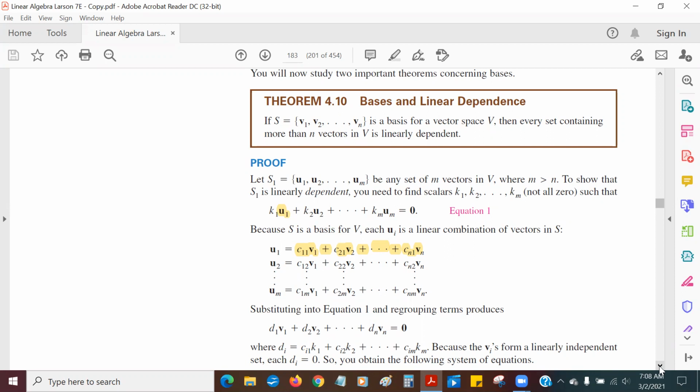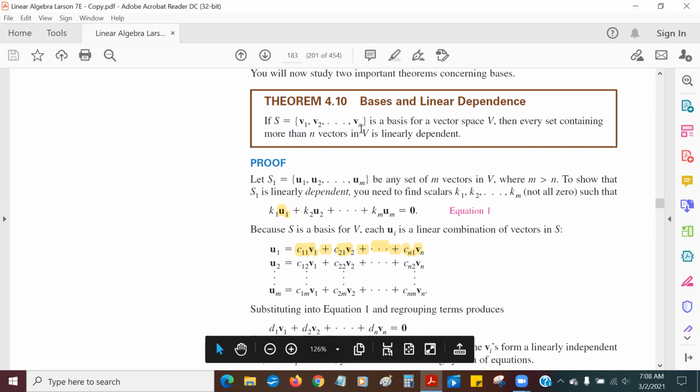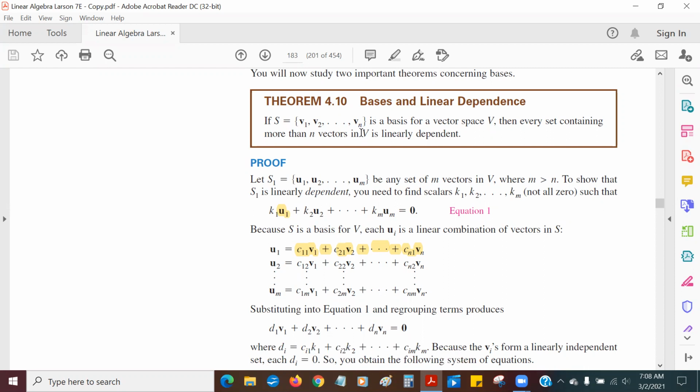So the first theorem says that if S is a set of vectors, notice there are n like November, there are n vectors in this set.